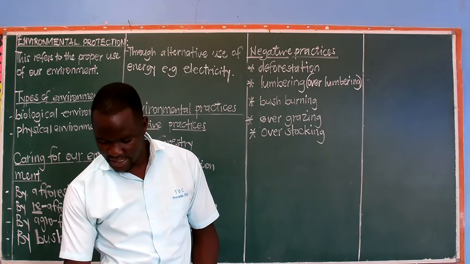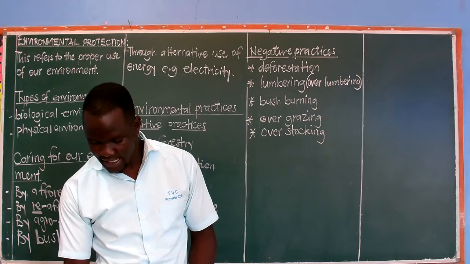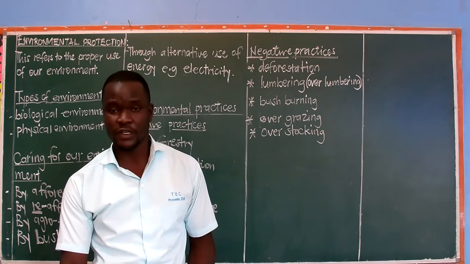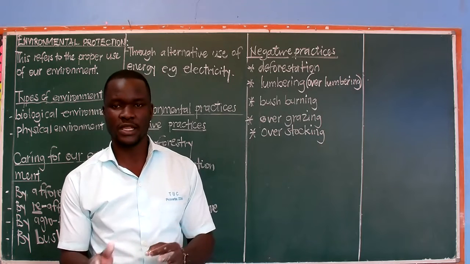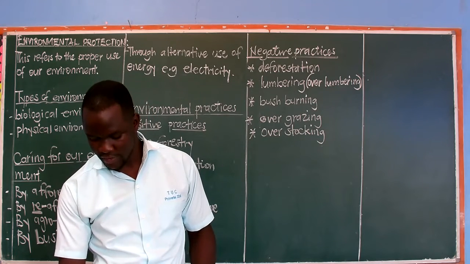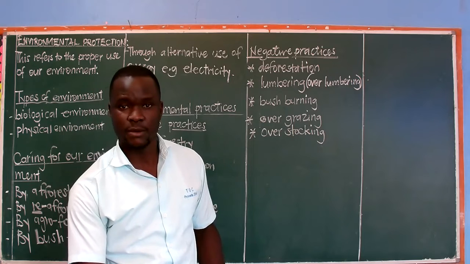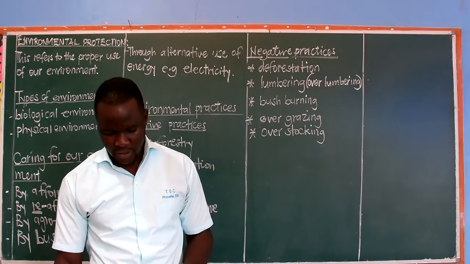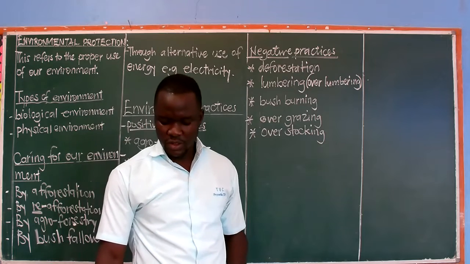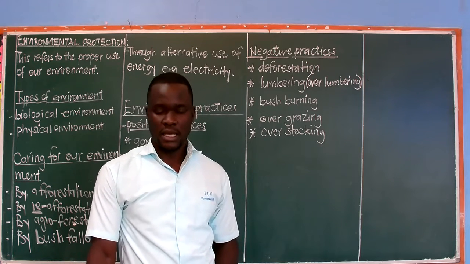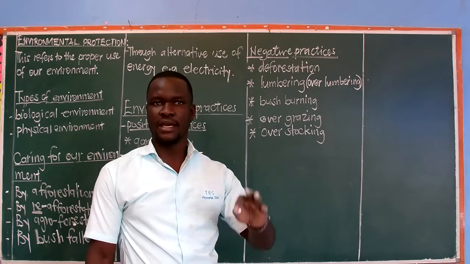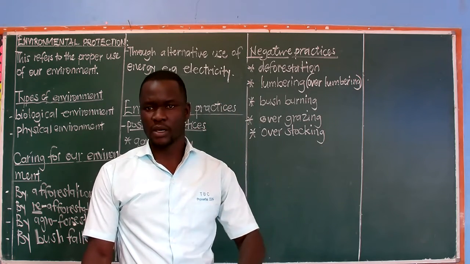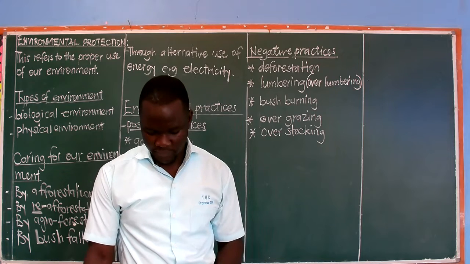Our page 83 still gives us advantages of agroforestry, which we said is growing crops together with the trees on the same piece of land. One, a farmer gets double income from the trees and from the crops. Two, a farmer gets the food from the crops, and then you will find that the trees planted can provide shade to the crops in this farm.